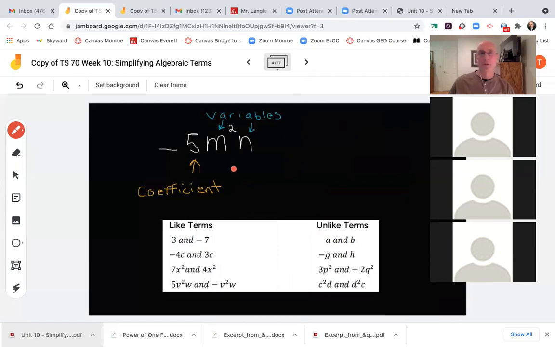Now, this is a little bit of a review of what we talked about previously, but go ahead and write on your paper, minus 5m squared n. That means minus 5 times m squared times n. All these things are multiplied by each other.